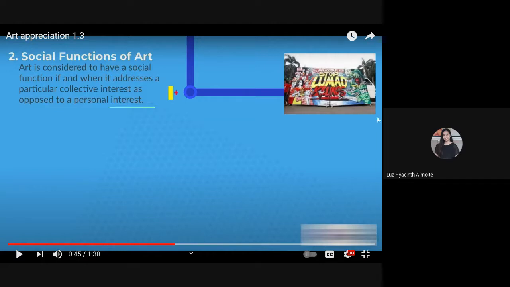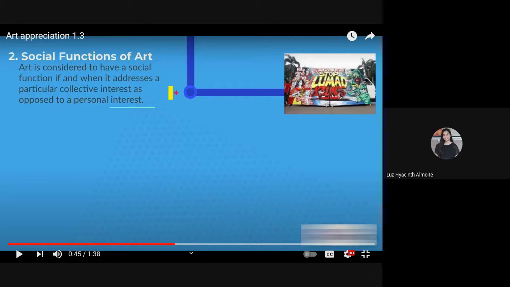So, for example, here is art where they want to give a message: stop the killing. Another is art telling us never again to martial law, or art portraying a politician who is corrupt.